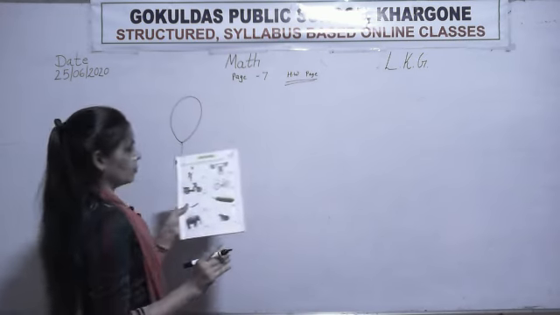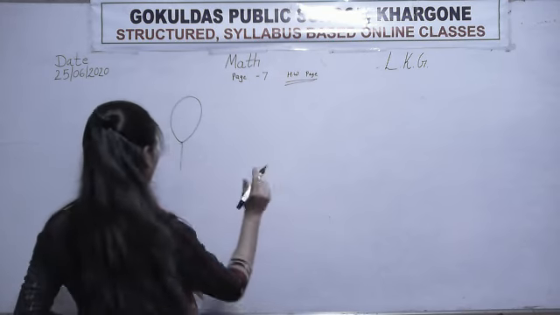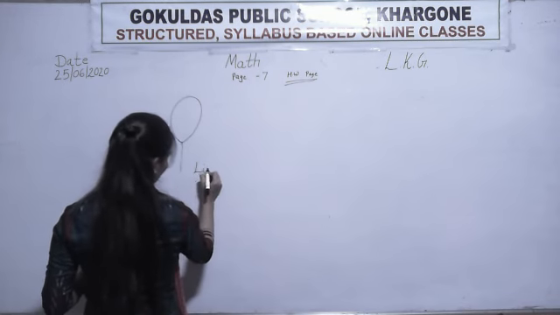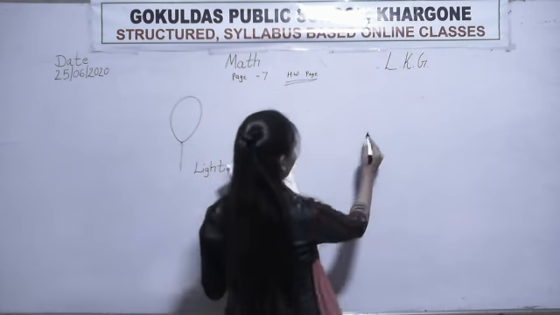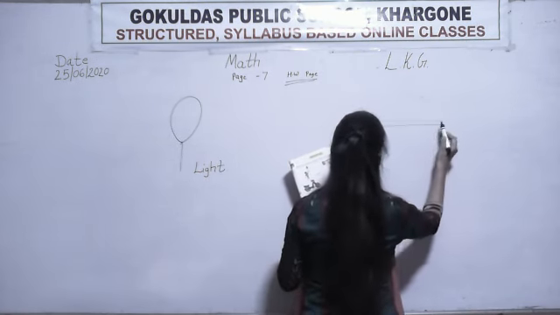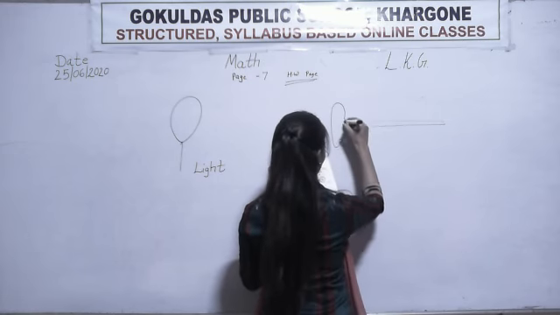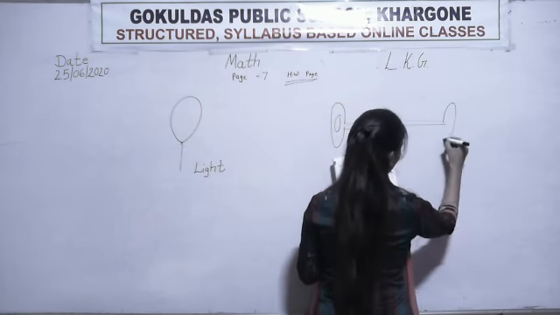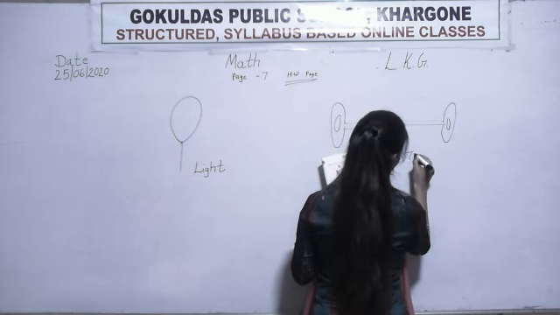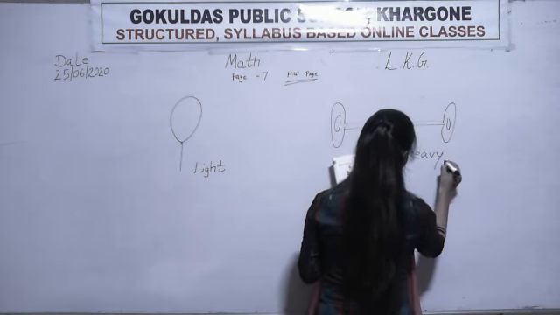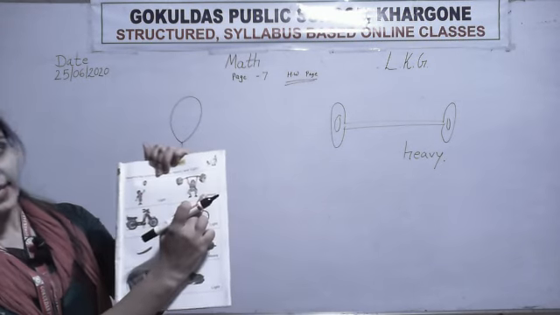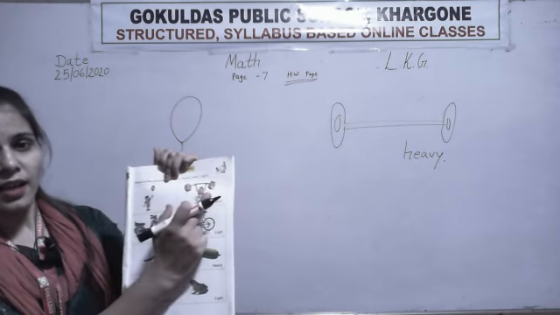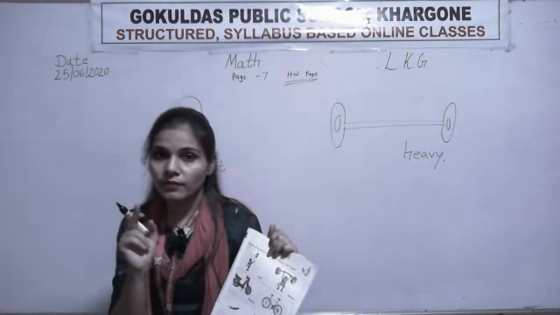So balloon. Is the balloon light or heavy? Light. And the dumbbell is heavy. So the first example is light, heavy, according to their weight.